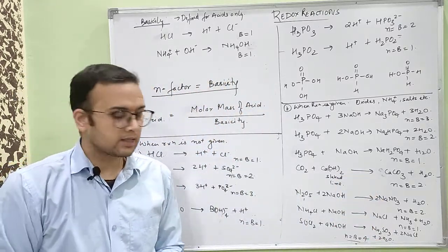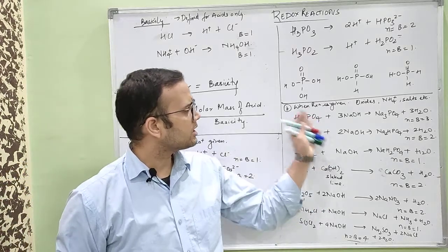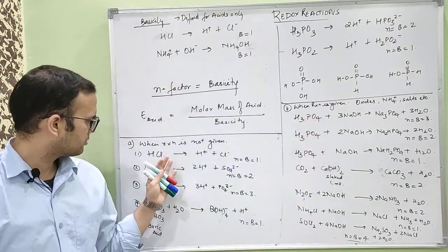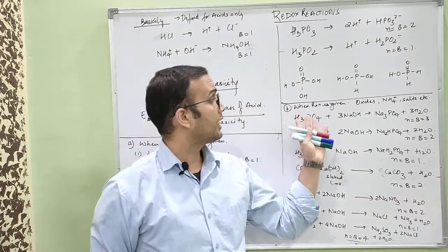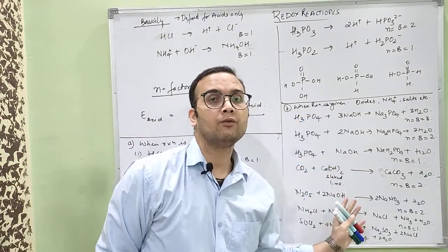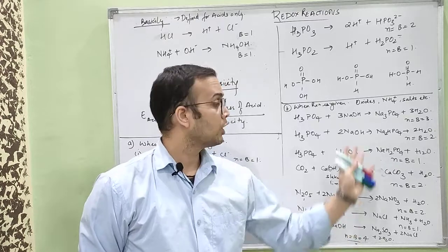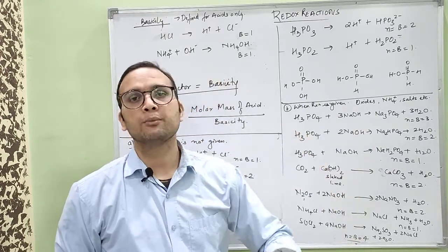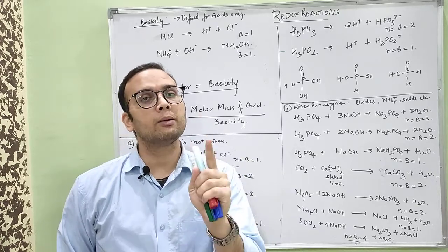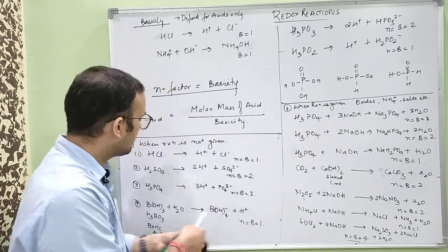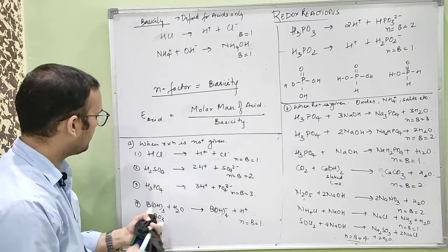So just by looking at how many H plus ions it can give, or looking at the equation in which it is reacting, we can calculate the basicity, which is the N factor, and if we are able to calculate the N factor, we will be able to calculate the equivalent weight.